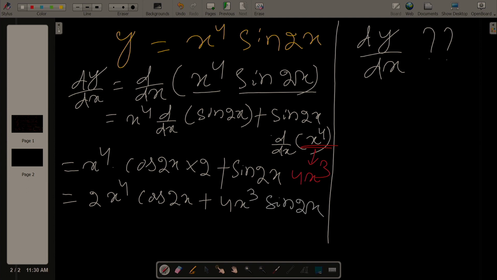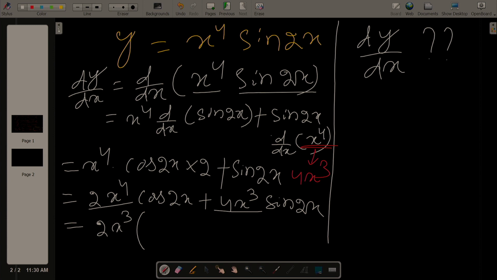Okay. Now, what will you do? You know that for 4x cube and 2x fourth, I can take a common quantity. The common quantity I can take is 2x cube, then you will find 2x cube.